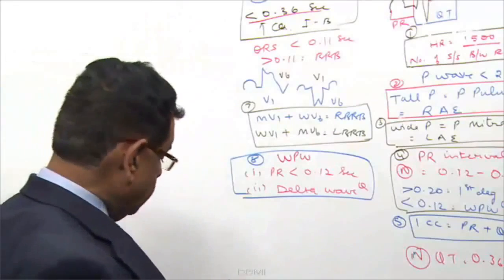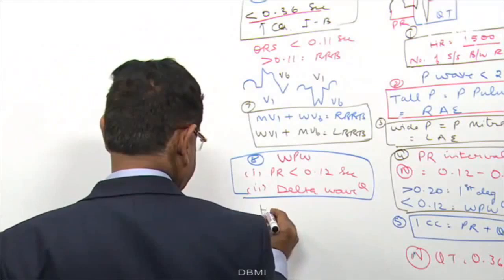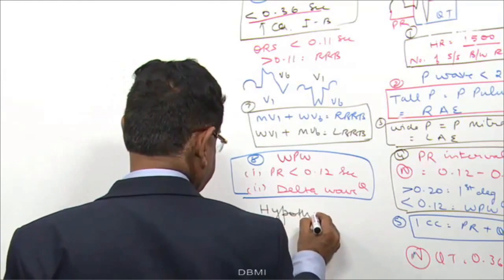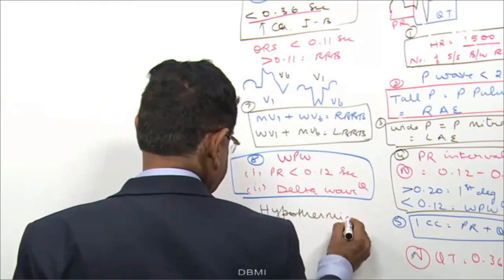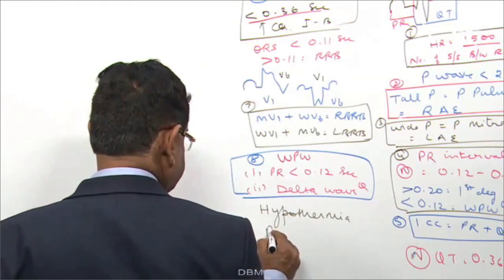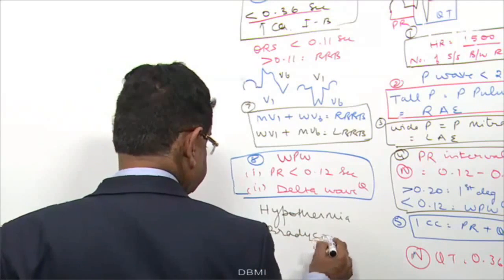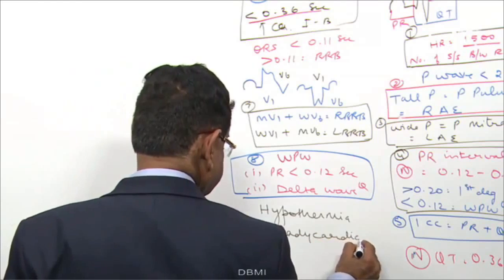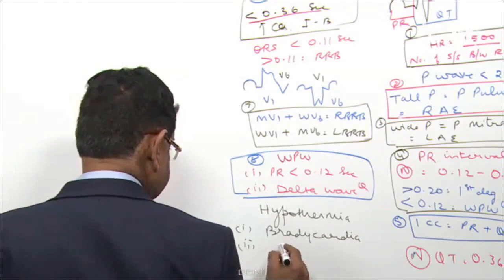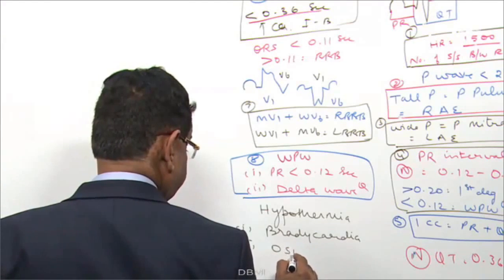So now we move on to hypothermia. In hypothermia, first we get bradycardia. Second what we get is Osborne wave.